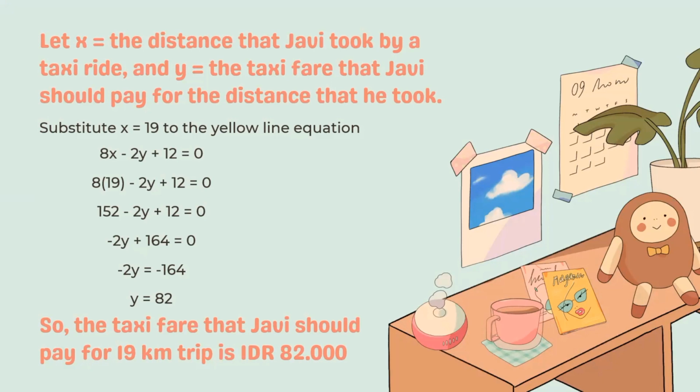And we subtract both sides by 164. And we will get minus 2y is equal to minus 164. Then divide both sides by minus 2. So we get y is equal to 82. It means the taxi fare that Javi should pay for the 19-kilometer trip is 82,000 Indonesian rupiahs.